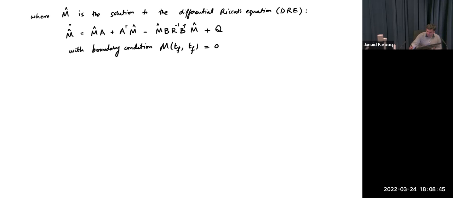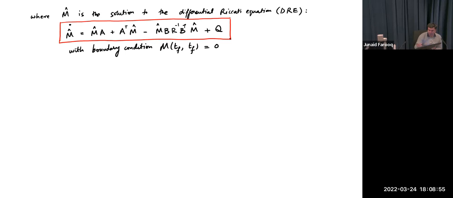Okay, so remember, this is a differential equation, and to solve a differential equation, you will need some boundary conditions, right? Either an initial condition or a final condition. So in this case, the final condition is given to you. Now note that this is not a very standard differential equation.